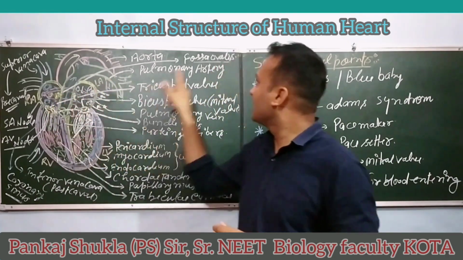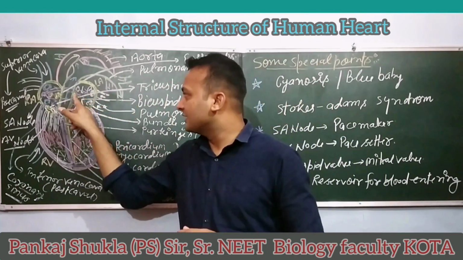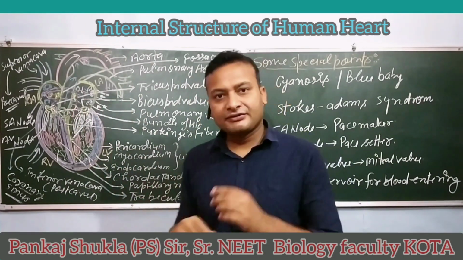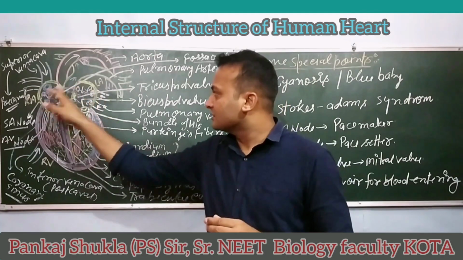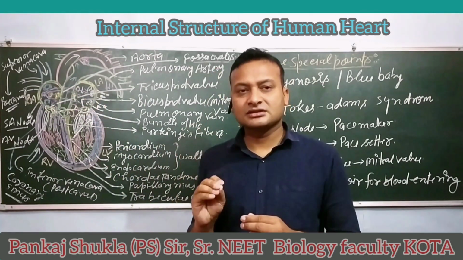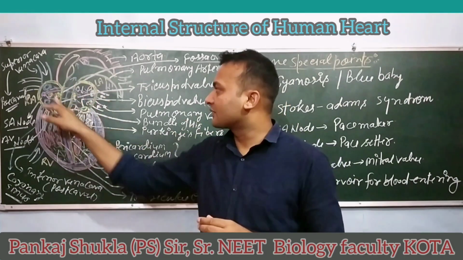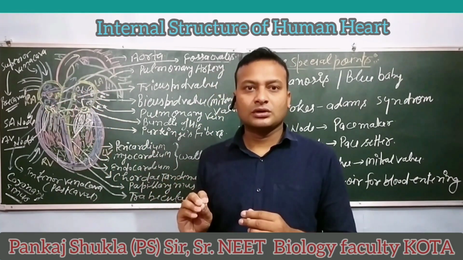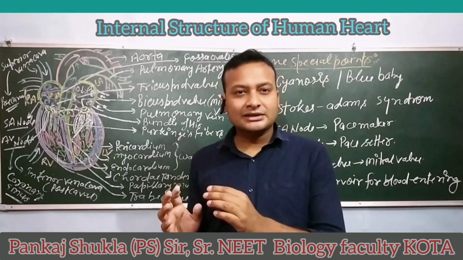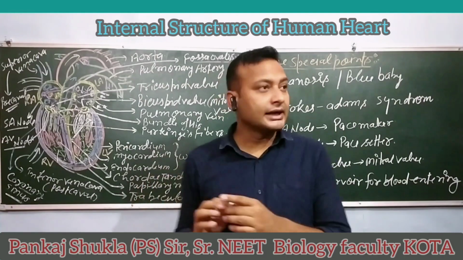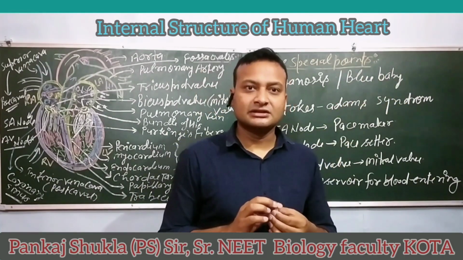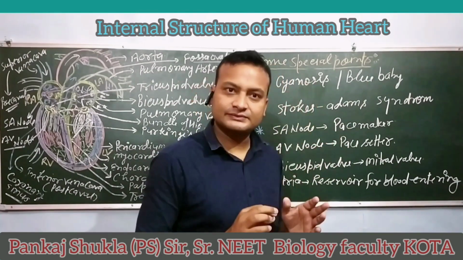The right is called fossa ovalis, and the left is called fossa lunata. But if this change does not occur after birth, there is mixing of blood in the atrial region, so the body of the baby looks blue, called a blue baby, and this condition is called cyanosis.